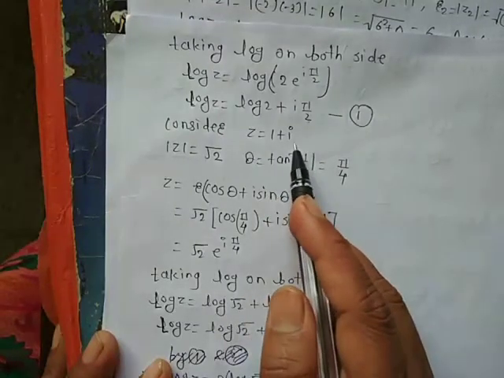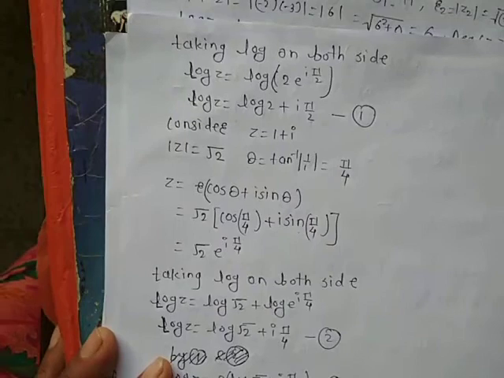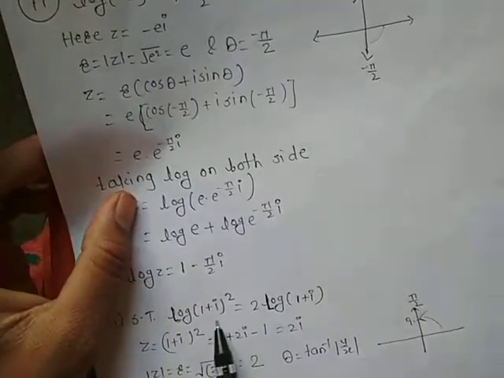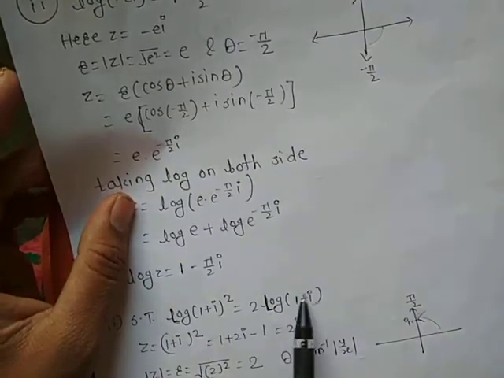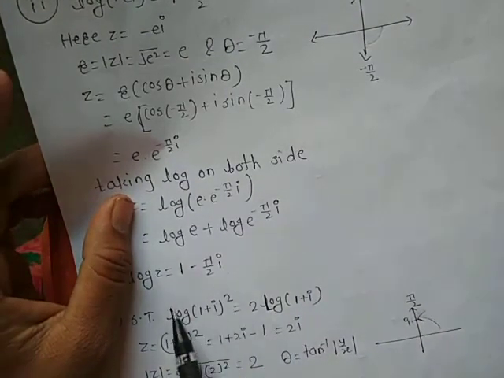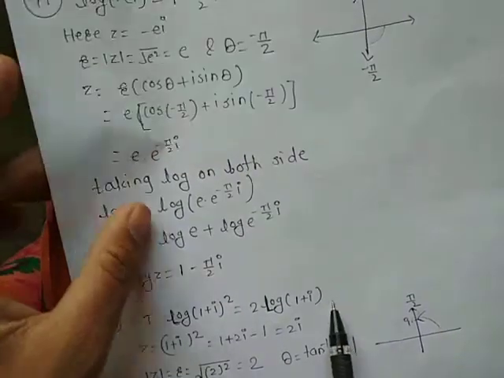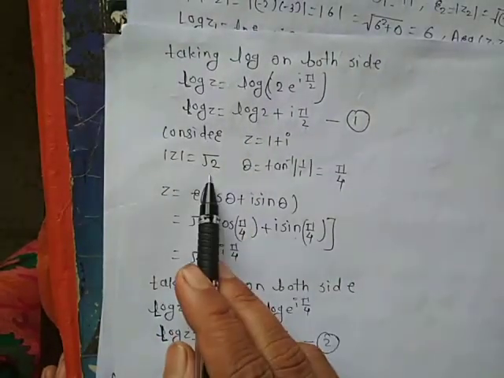Consider z is equal to 1 plus i, because we have to show that Log of (1 plus i) square is equal to 2 into Log of 1 plus i. We have solved LHS. Now we will solve RHS. Here z is 1 plus i. Modulus of this z is under root of 2.